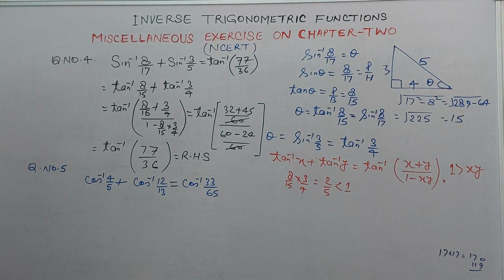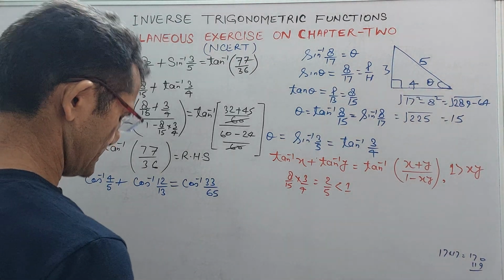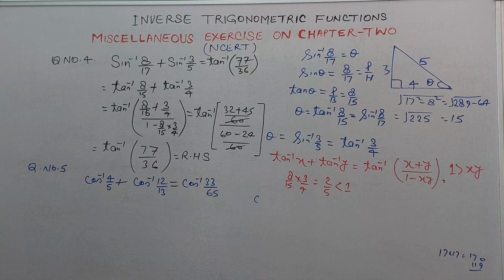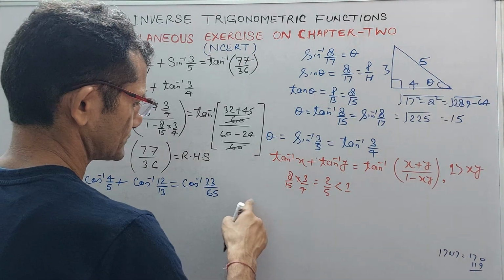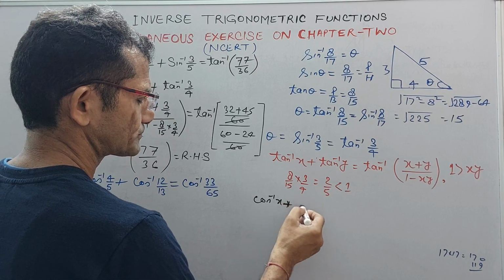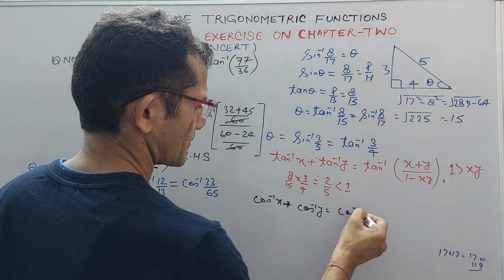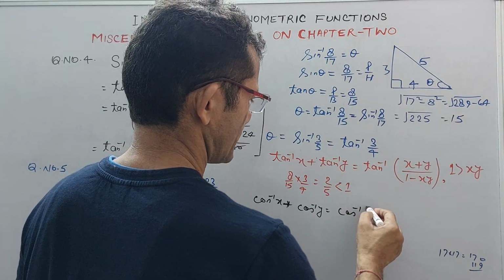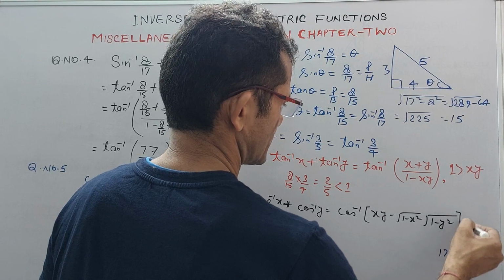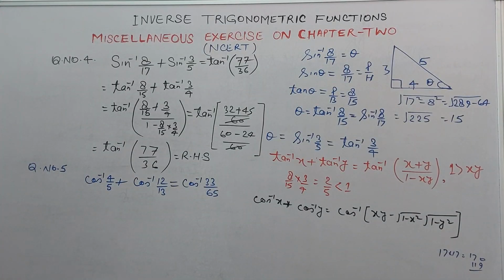Or, as the second case, we will use this formula: cos inverse x plus cos inverse y will be cos inverse of xy minus root of 1 minus x square times 1 minus y square. So this is the value we have.